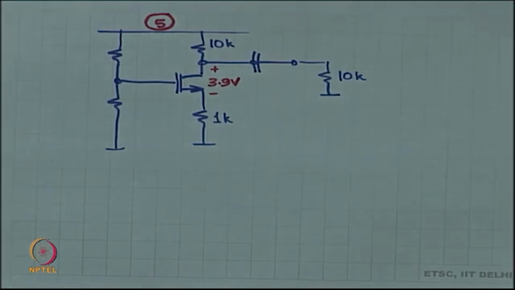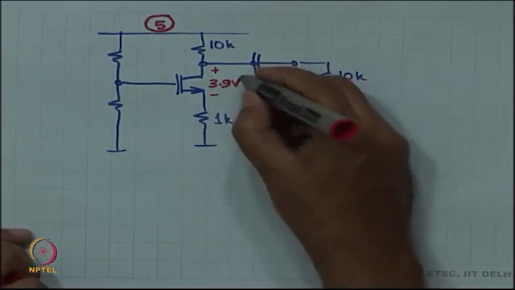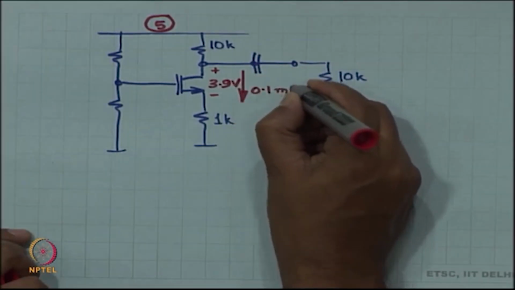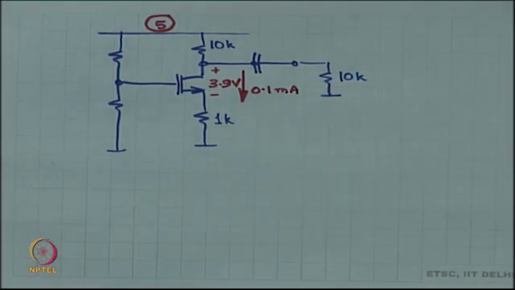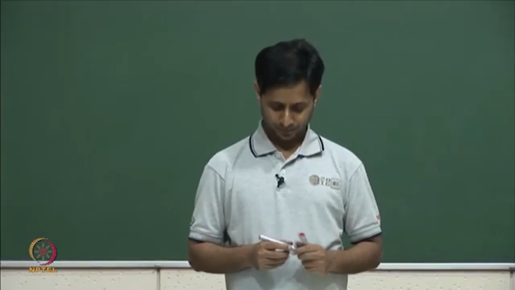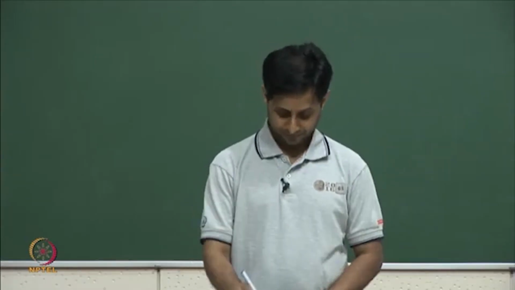So this current is 0.1 milliampere at DC. All right, so this is where we start from. Now, just by the way, what is the gain of this circuit?